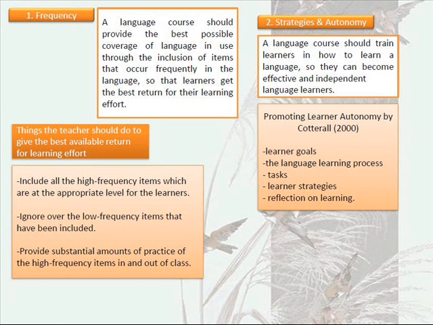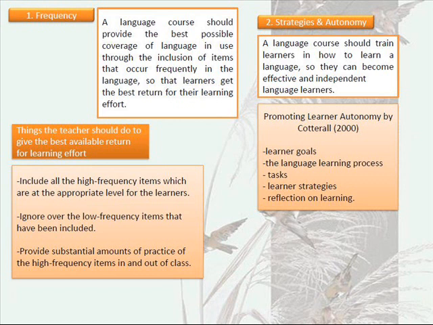First, include all the high-frequency items which are at the appropriate level for the learners. Second, ignore the low-frequency items that have been included. And the last one, provide substantial amounts of practice of the high-frequency items in and out of the class.